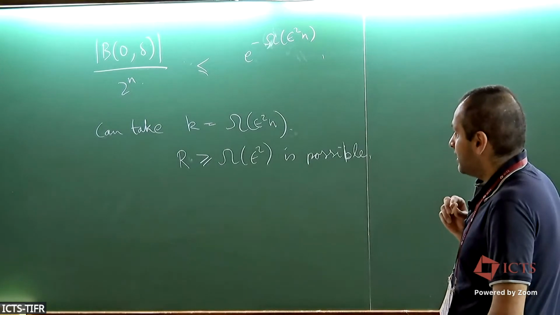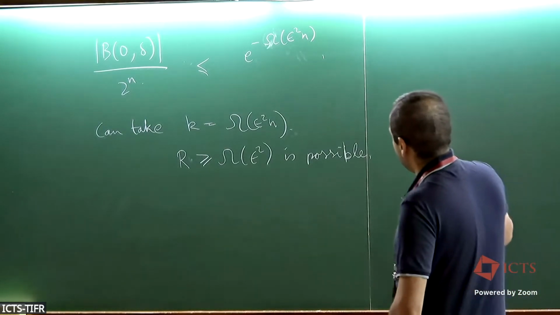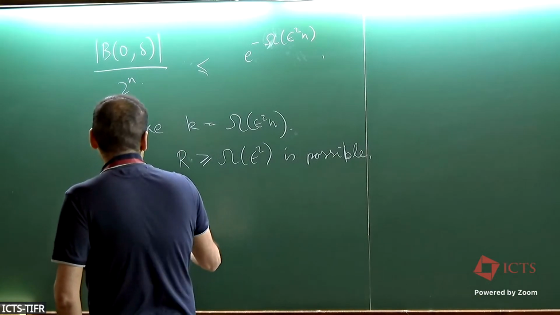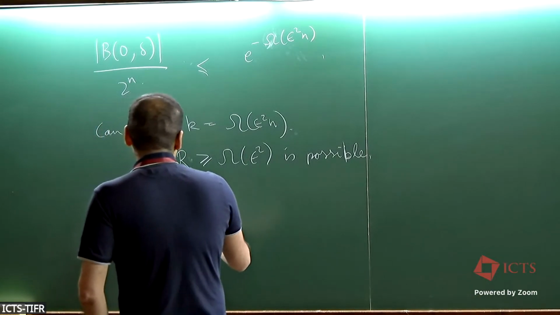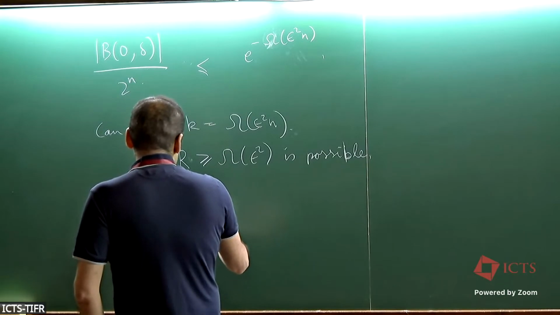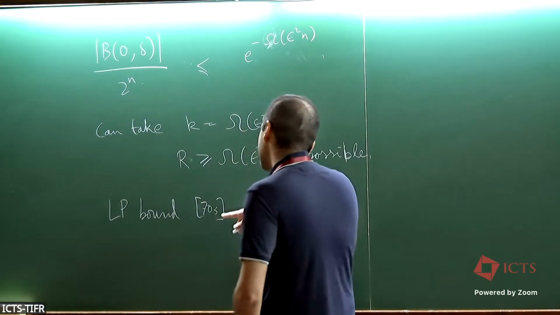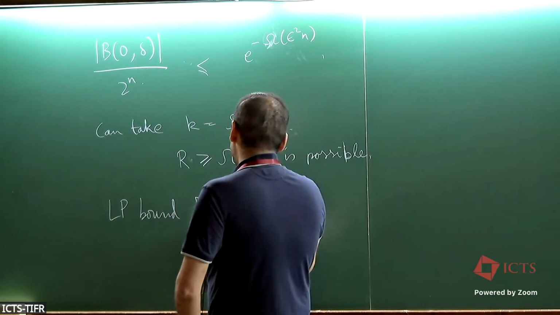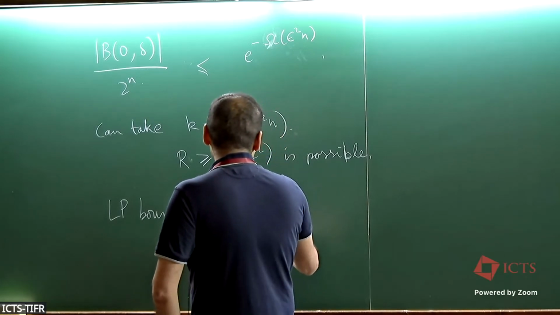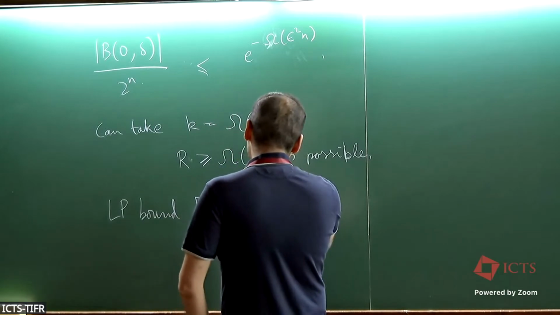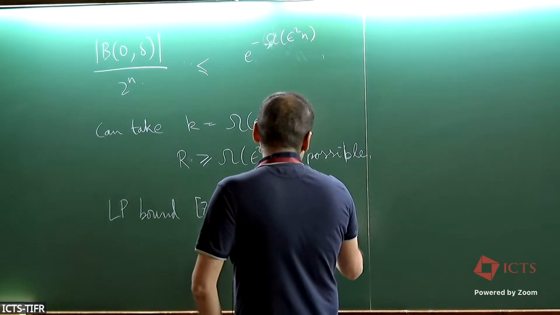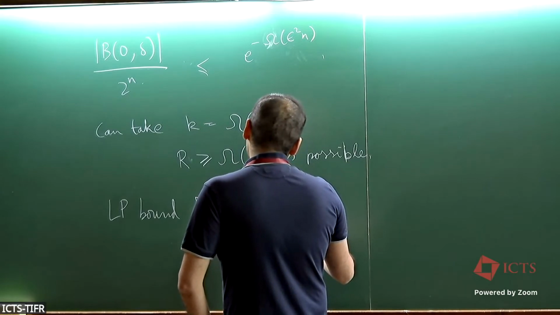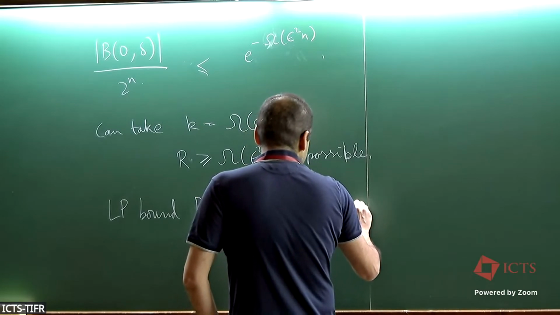And they showed that the LP bound, and this is from the 70s by MRRW, McEliece, Rodemich, Rumsey, and Welch, shows that R is always at most, in the regime of delta being half minus epsilon, epsilon squared log 1 over epsilon.